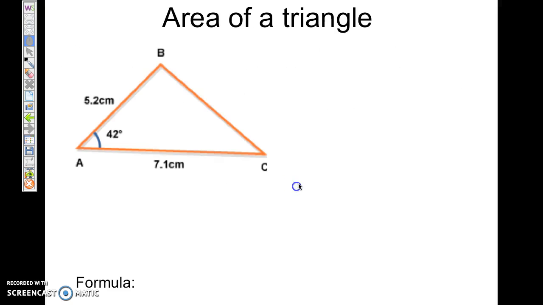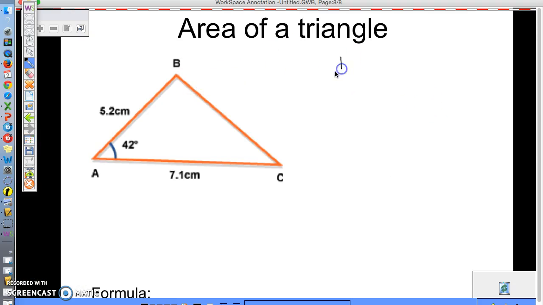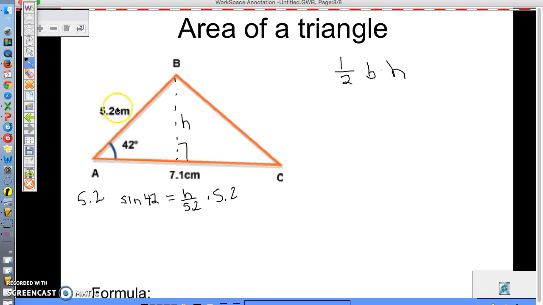So the last thing we're going to look at is the area of a triangle. So we know area of a triangle is 1/2 base times height. So we don't have a height here. So if we draw in this height, how can we find our height? Well, we have a right triangle. So the sine of 42 equals h over 5.2. Multiplied by 5.2, and we have our height.